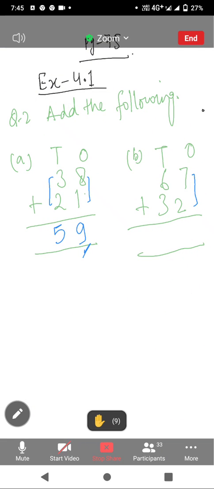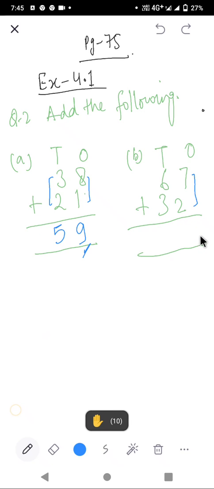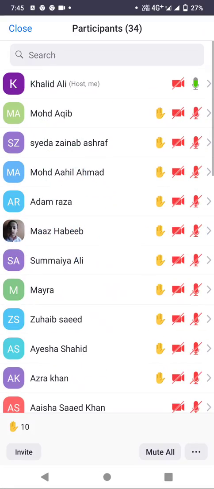Yes, 7 plus 2 is equal to 9. So we will write 9 at the ones place. Students, do we need to put carry here? Yes, do we need to put carry? No.